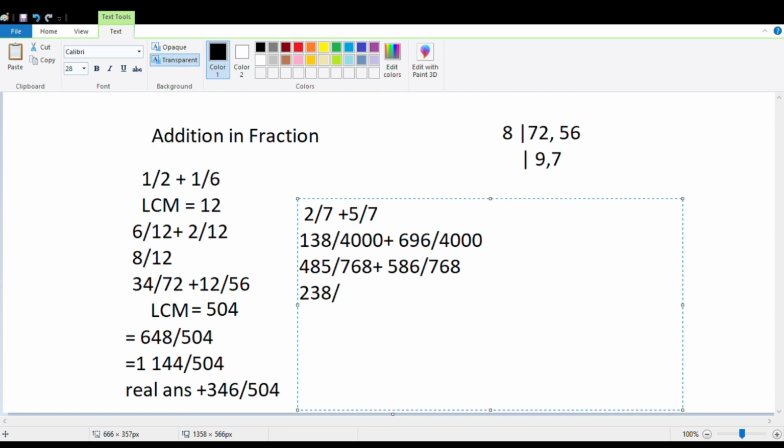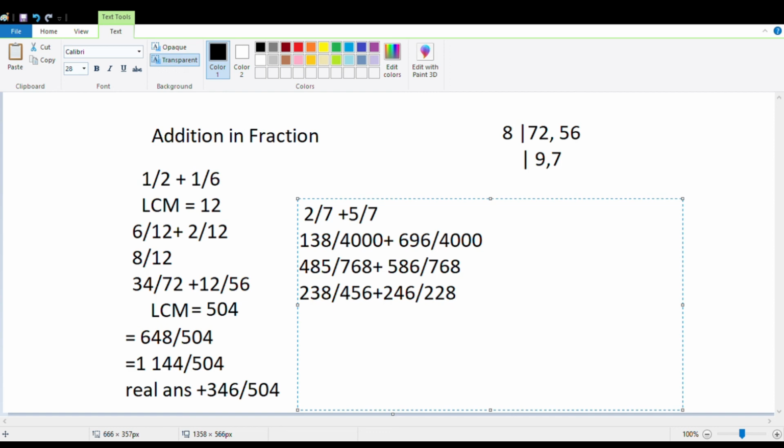And for unlike fractions, the questions will be 238 by 456 plus 246 by 228.